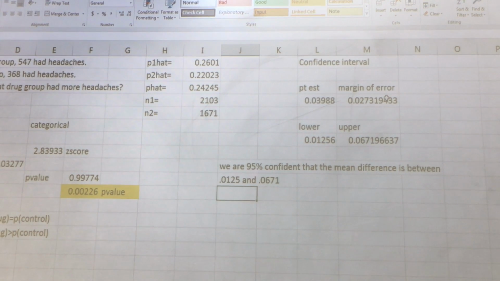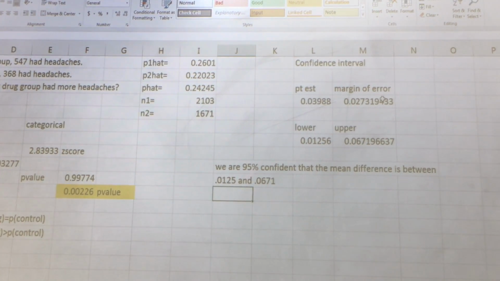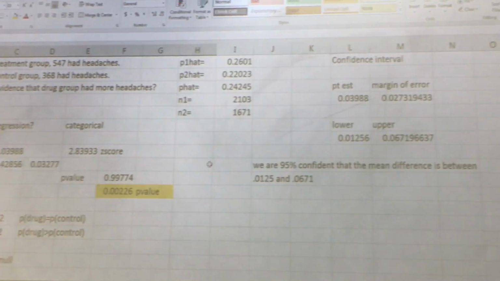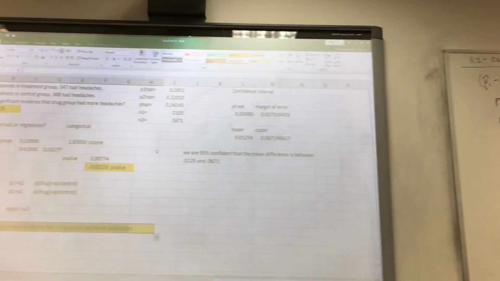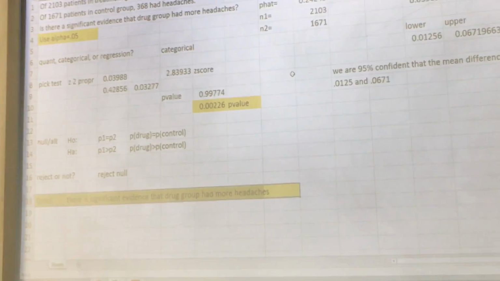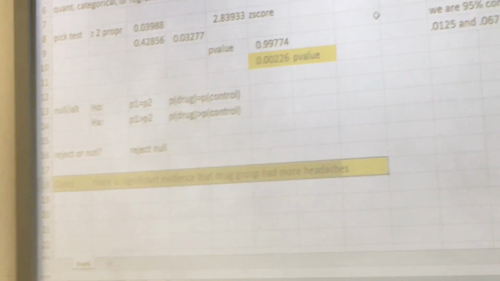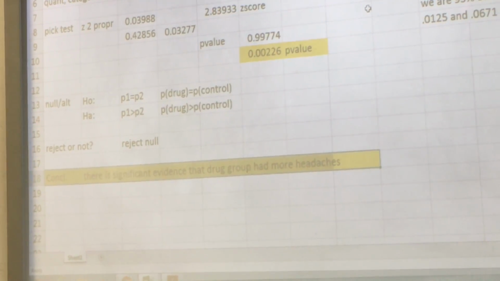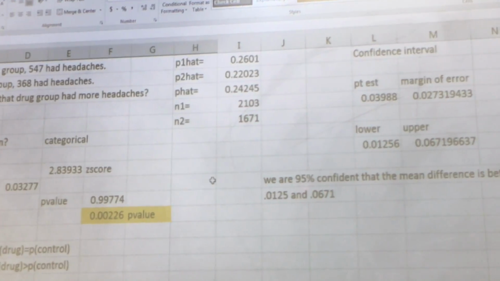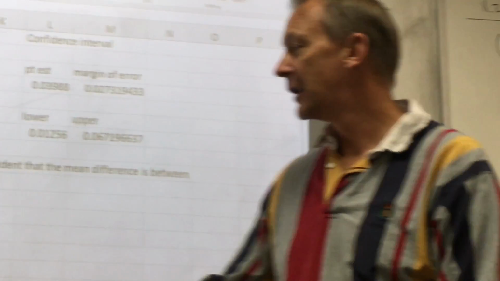Okay, now you can write the confidence statement that way. However, let me just point out my conclusion of my hypothesis test here. There is significant evidence that the drug group had more headaches. I told you that these are two different methods for doing essentially the same thing, and personally, I like this conclusion a lot better.